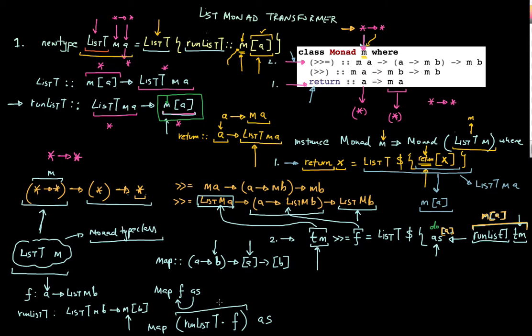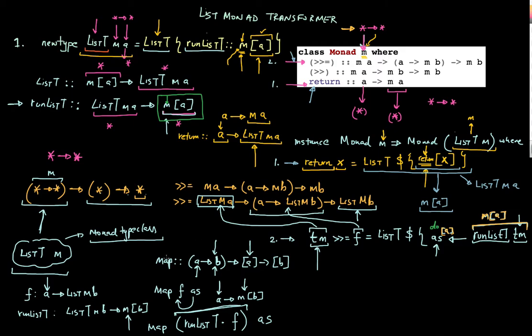If I rewrite the function signature for this method here, it is a function that takes a and gives you back some value of type m of b, and the map method takes in a function that goes from a to b. But what I'm providing here is a function that goes from a to a monadic value. So it's obvious that I did make some progress.